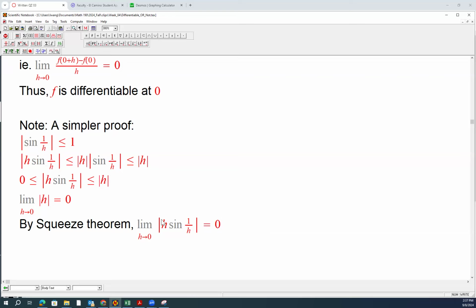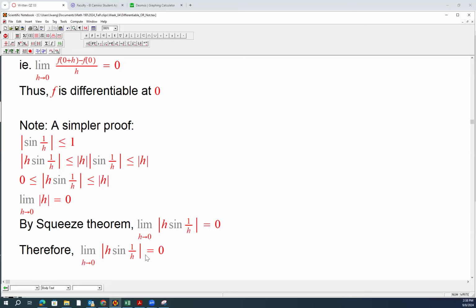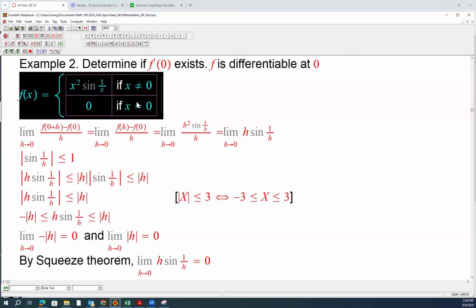If the absolute value of something goes to 0 as h approaches 0, of course the quantity inside is going to have a limit of 0. Therefore, that limit without the absolute value is also 0. So this is another, simpler way of proving this limit is 0. And so we have proved that f is differentiable at 0 for this function.